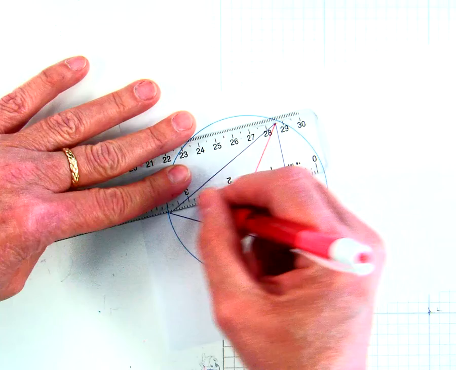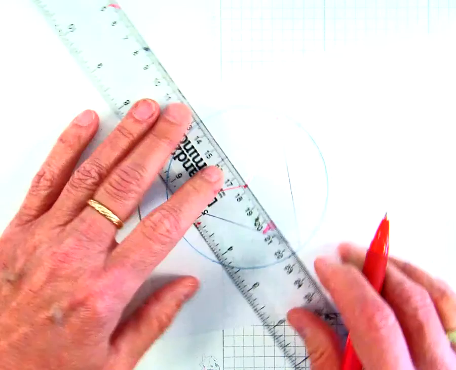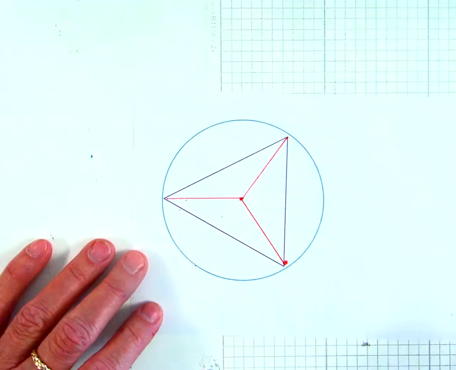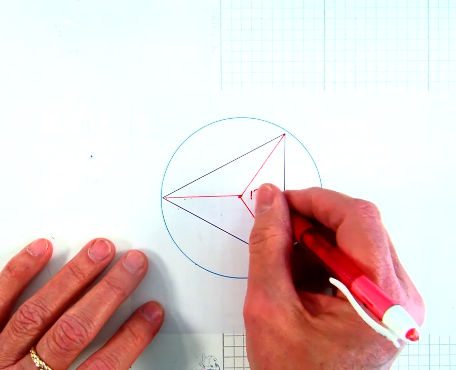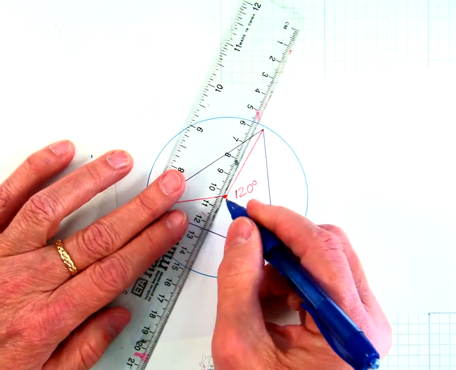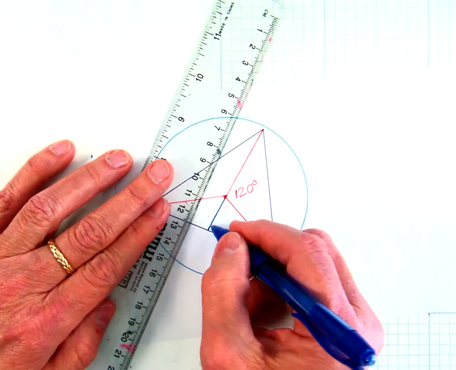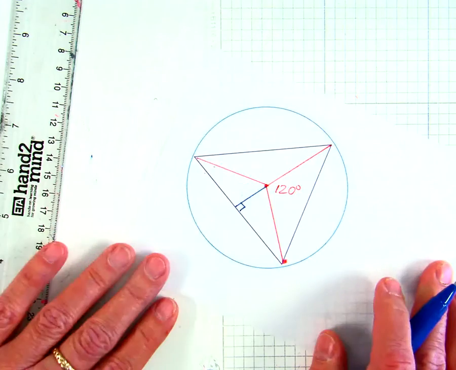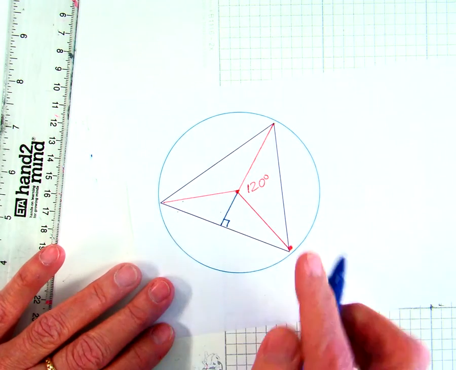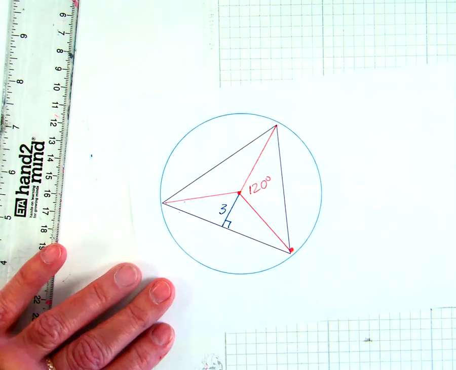I'll draw the radii. Notice that the central angle is 360 divided by 3, which is 120. I'll draw the apothem, the perpendicular distance from the center to the side. And for this particular problem, I'm going to give you that the apothem's measure is 3.